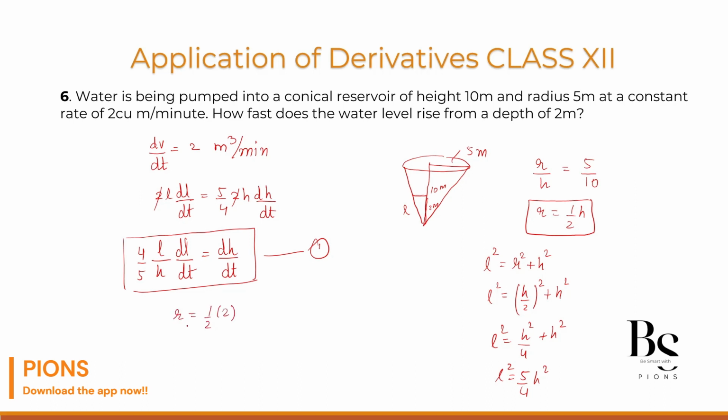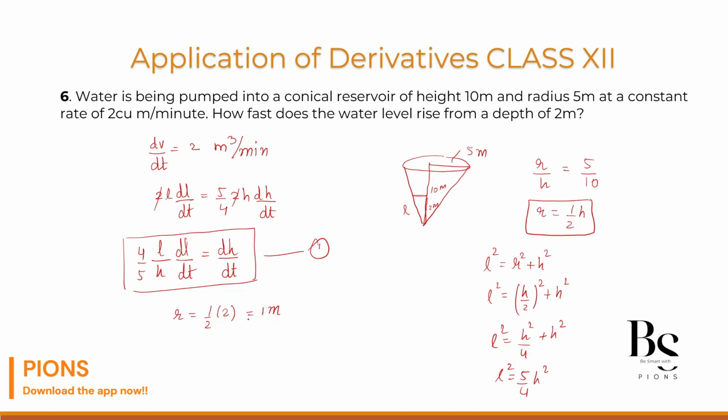R will be equals to half into 2, correct? When height was 2 meter, height is depth here, right? So when the depth is 2 meter, what will be the radius at that time? 1 meter. Because it is obvious that if the depth is 10 meter, the radius is 5. So when the depth becomes 2, the radius will become 1. 2 by 2, which is 1 meter.